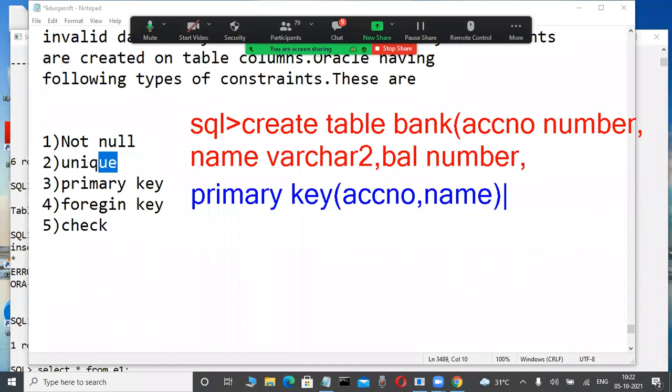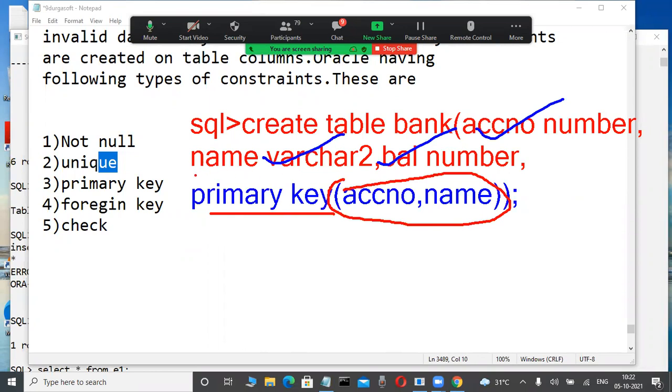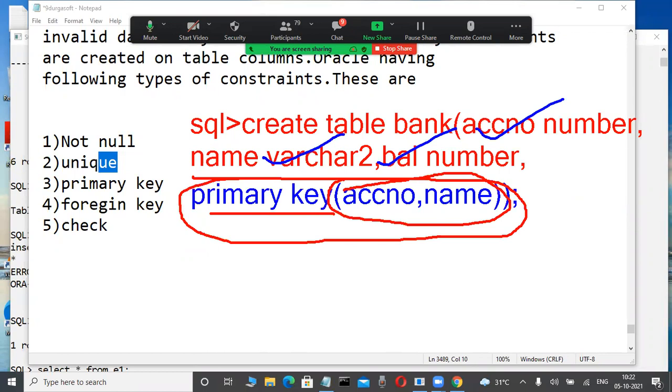These types of syntaxes are called table level syntaxes. Very important: in table level syntax, first we define all the columns and last we use the constraint type along with a group of columns. After table creation, when we add constraints, we also use table level syntax.